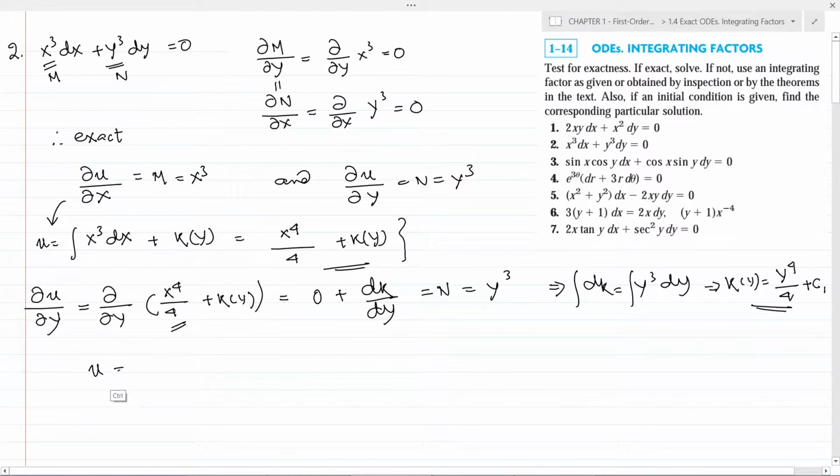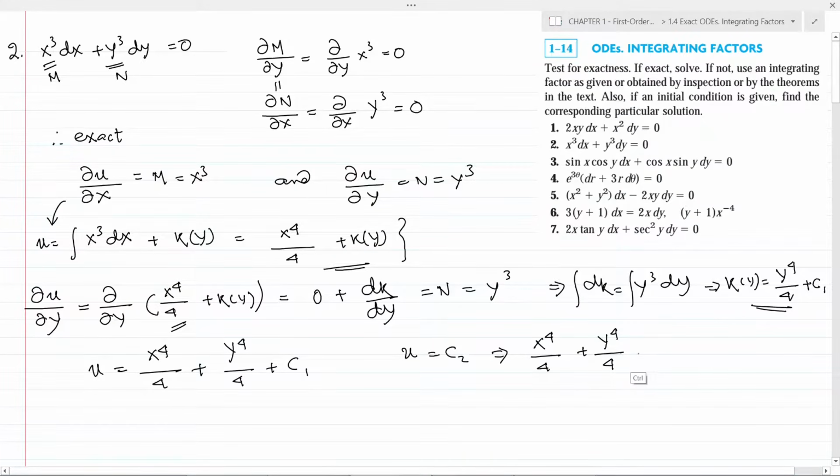Now you have u equal to x to the power 4 by 4 plus k of y, which is y to the power 4 by 4 plus constant of integration C1. Now we know the solution will be of the form u equal to constant. Let us assume the constant as C2. So from here we can write u equal to x to the power 4 by 4 plus y to the power 4 by 4 plus C1 equal to C2.